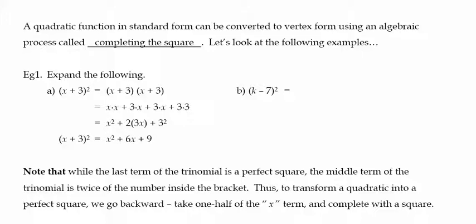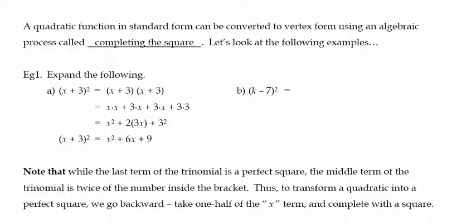How do we expand a perfect square? When you are working with a quadratic function, y equals x plus 3 squared. Without the y, you will be able to expand your perfect square by copying the same bracket and expanding.